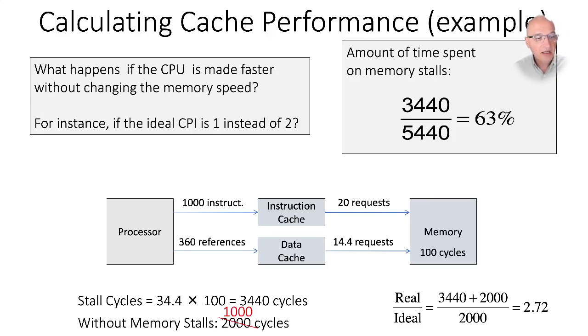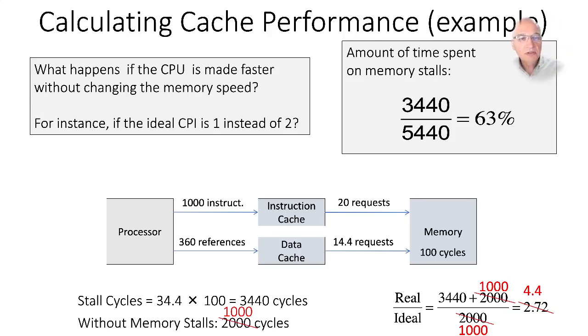In that case, I'm going to just fix my equations here in this slide. Instead of 2,000 cycles, now I have 1,000 cycles without stalls. If I replace that 2,000 by 1,000 in this equation, now I get 4.4 as the speedup that I will have with the ideal divided by the real one.